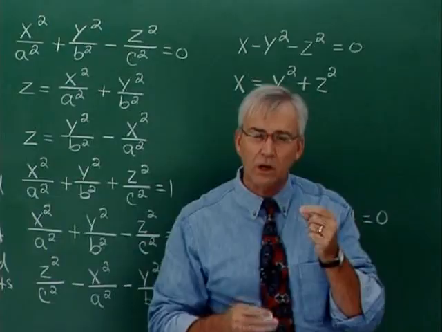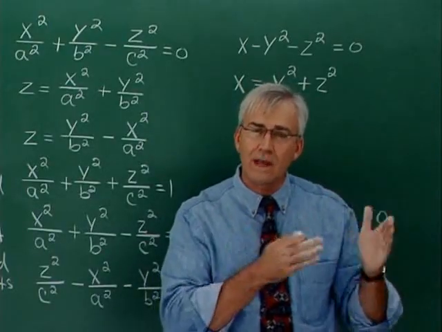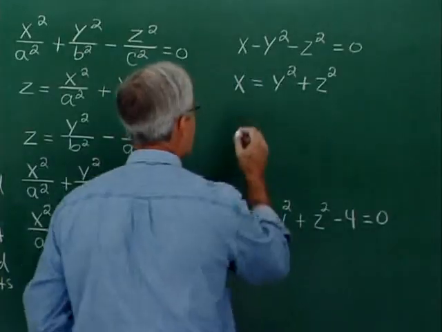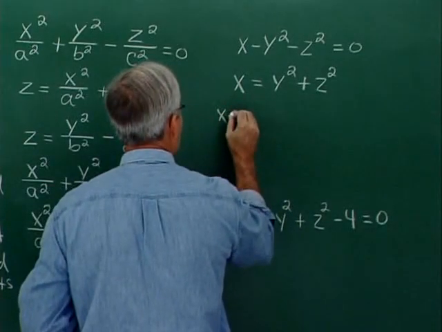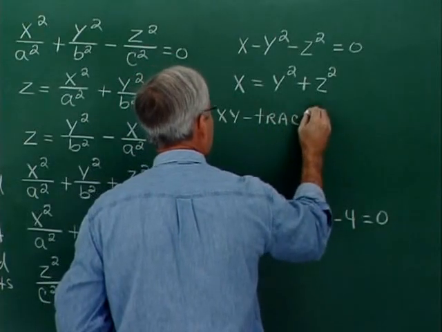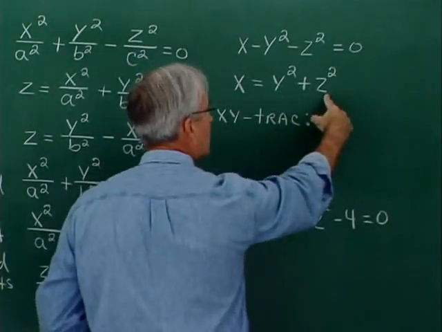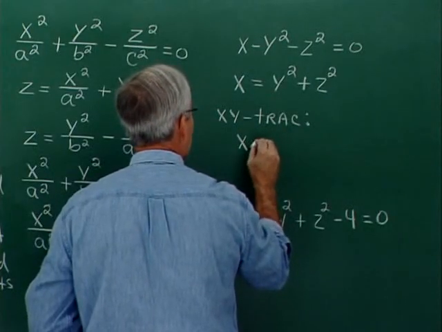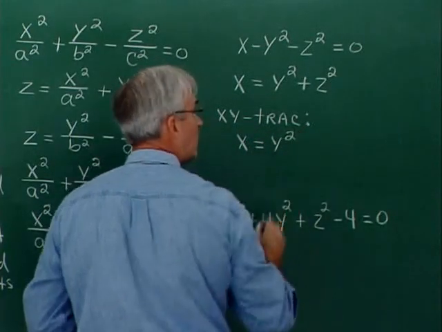The z component of the coordinates of every point on the xy plane would be 0. And so you use that information to find the xy trace. So the xy trace is found by letting z take on the value 0, and so the xy trace is simply x equals y squared.